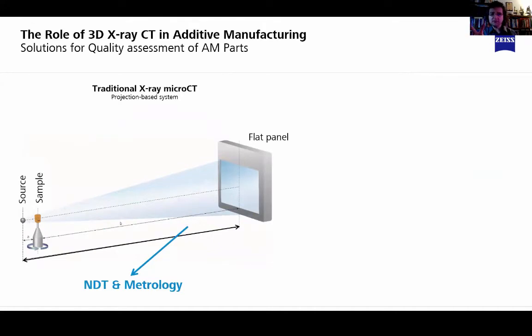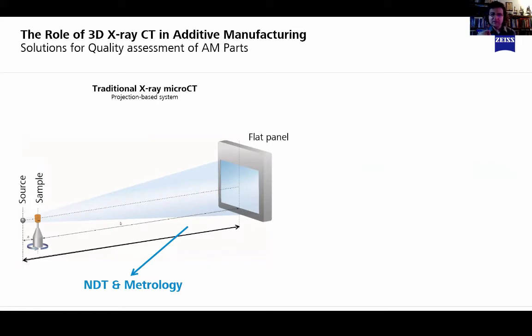In the traditional micro-CT world, the main approach is to use projection-based systems that are basically composed of an X-ray source, a detector, and a rotational stage to place the part. But the imaging resolution of such systems is limited to something around 2 microns, in the best case scenario when optimal settings are used for measurement.